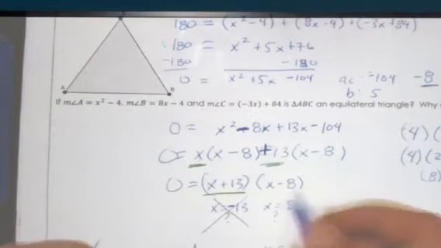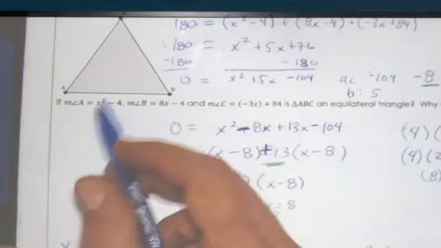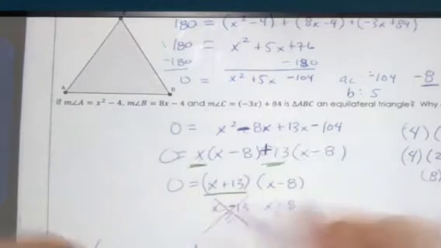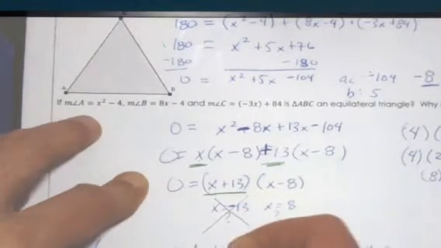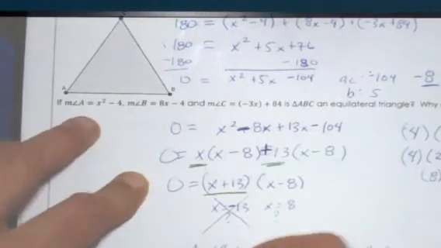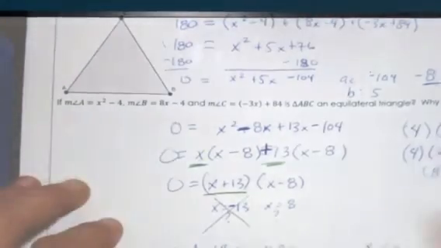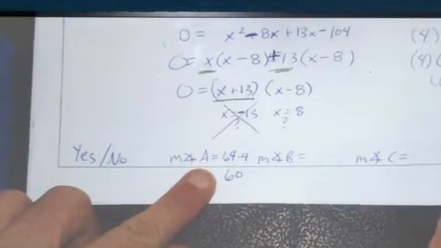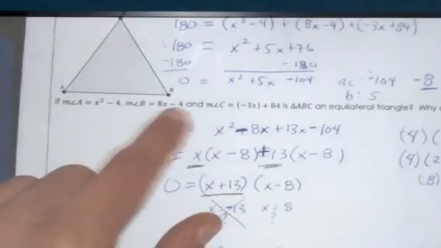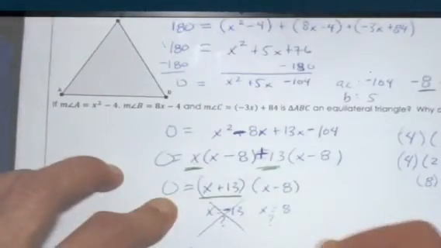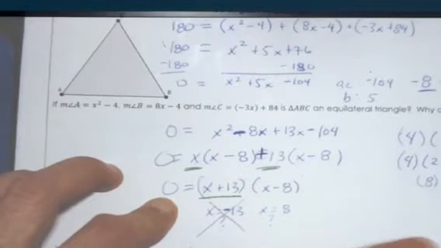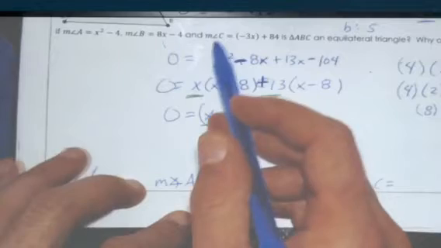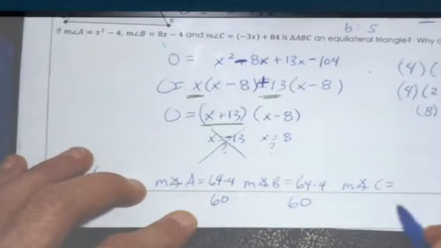So x equal 8, so here we have 8 times 8 is 64, 64 minus 4 equals 60. That was for angle A. Angle B, we have 8 times 8 is 64 minus 4 equals 60. Then angle C should equal 60.